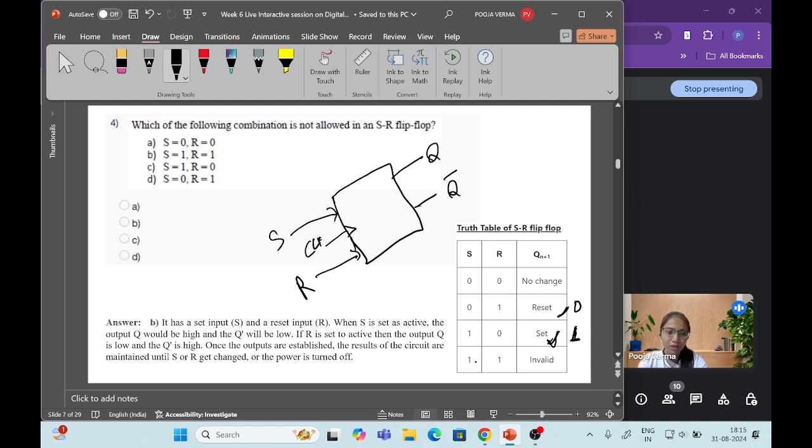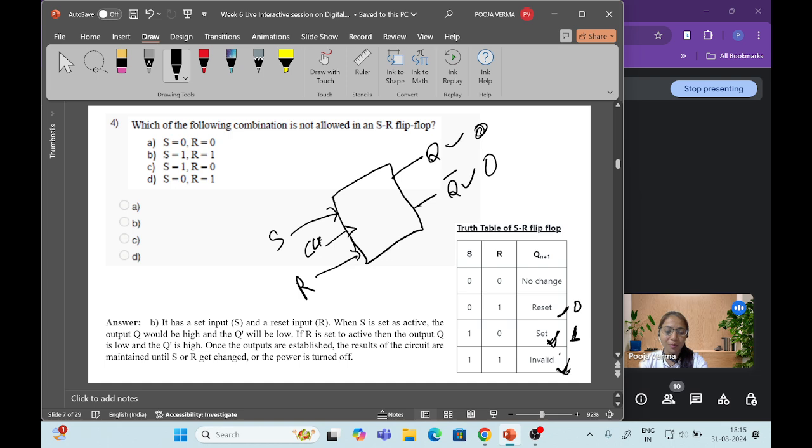When both S and R are 1, it goes into the invalid state, because when both are 1, both outputs go to 0 0. That is not defined; the outputs must be complementary. That's why it is called an invalid state.